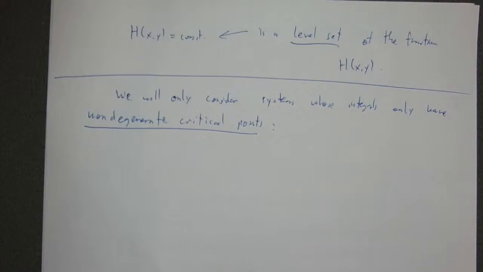The problem is that just because a function has a critical point somewhere doesn't mean anything happens there. At a critical point, maybe that function has a relative max, maybe a relative min, maybe a saddle point, which can happen for functions of more than one variable. Or maybe nothing happens there. That can also happen.